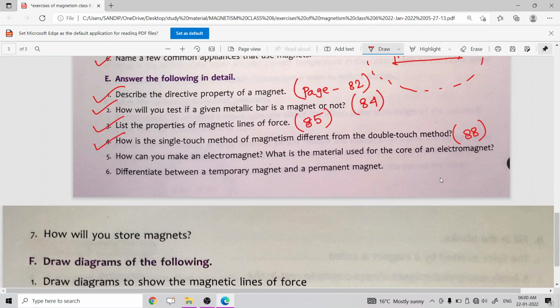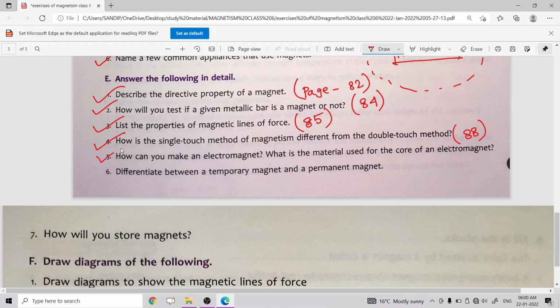One magnet you move clockwise, and the other magnet anti-clockwise. So this is the difference between the single touch and double touch method. You will get the answer from page number 88.